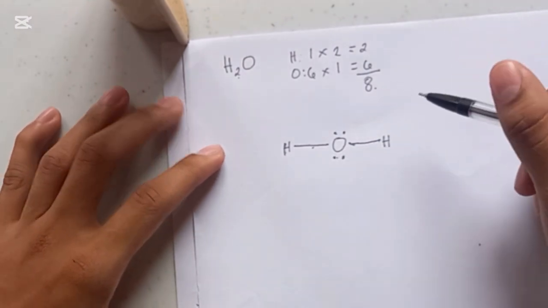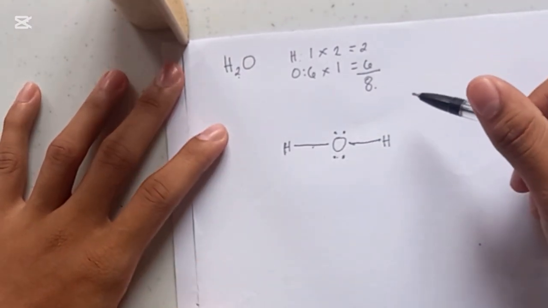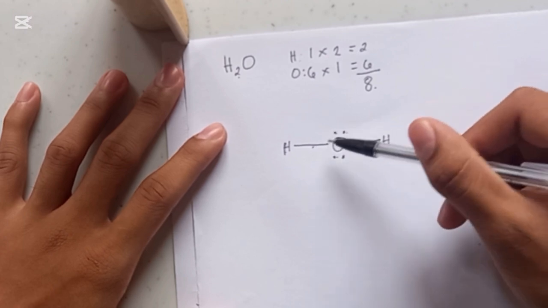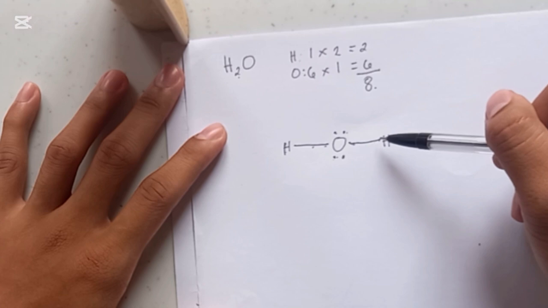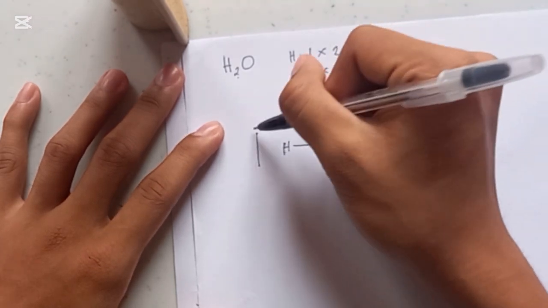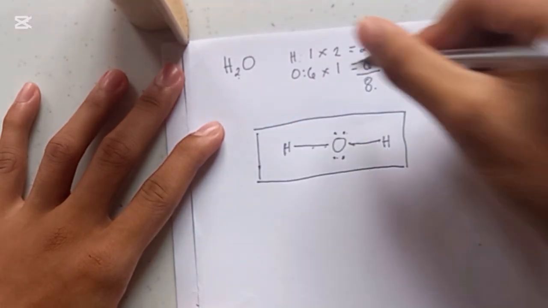Now, let us count if the central atom still does not have an octet, meaning that it has 8 electrons. 1, 2, 3, 4, 5, 6, 7, 8. 8, meaning that the octet is already complete. Therefore, this is our Lewis structure for the molecule of water.